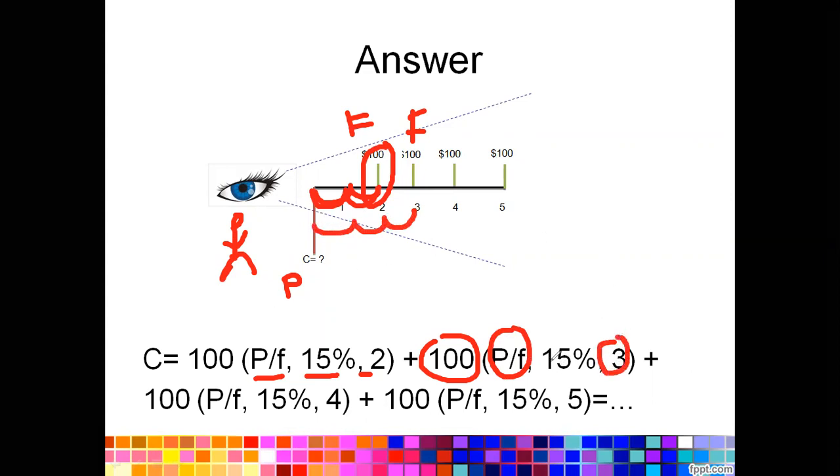Put 3 as the number. Then for the fourth year, we have earnings as well, which is 100. We add P/F 50%, 4, found by counting the steps again, 1, 2, 3, 4. And the last earning is 100, with the same P/F 50%, 5: 1, 2, 3, 4, 5.